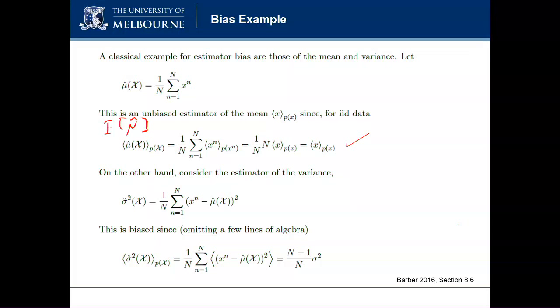If you do the intuitive thing, I'm just going to estimate the variance using my mean estimator and using the definition of variance, and then I'm going to do it over the individual data points. It turns out this intuitive one is biased. So you don't get the real sigma square, but you get (n minus 1) over n times sigma square. This is okay as n goes to infinity, but you don't immediately get an unbiased estimator.